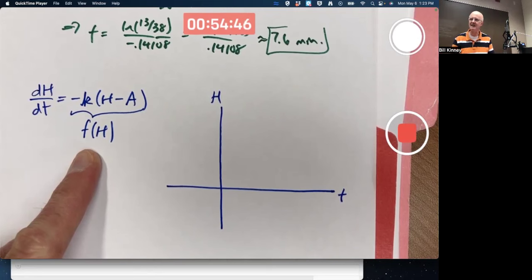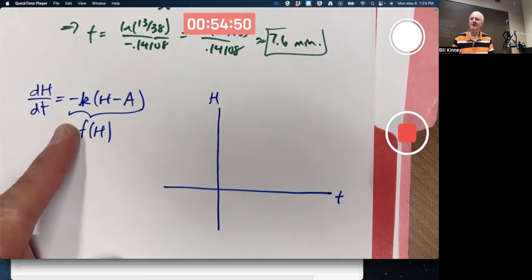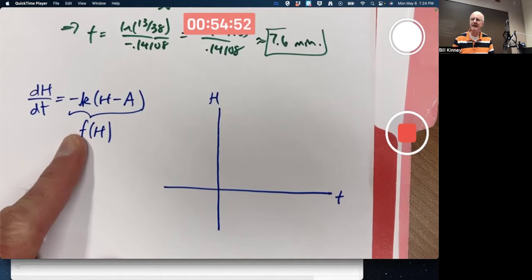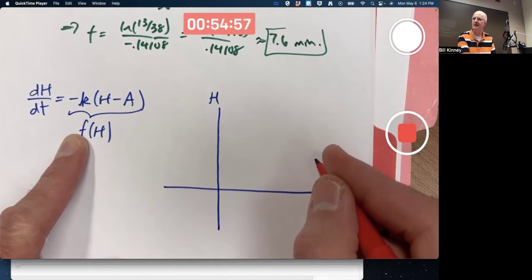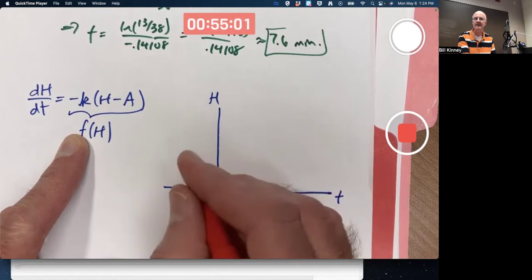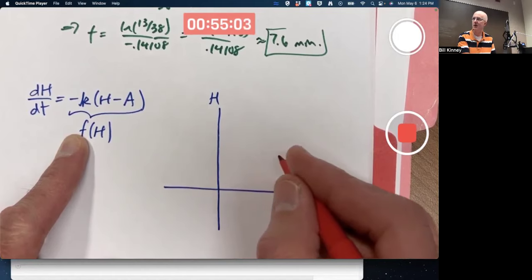However, this function doesn't depend on t, does it? There's no t's there. So what does that mean? That means along any horizontal line, for a fixed value of h but any value of t, the line segments are all going to have the same slope.